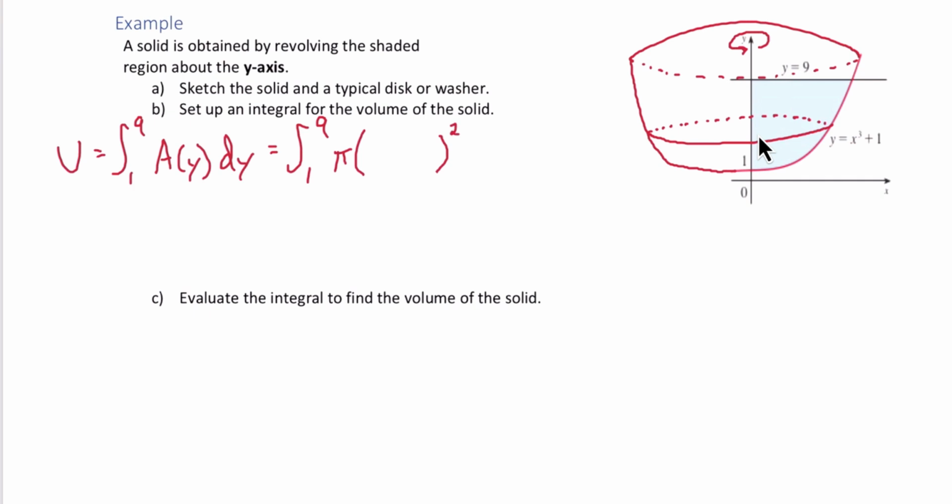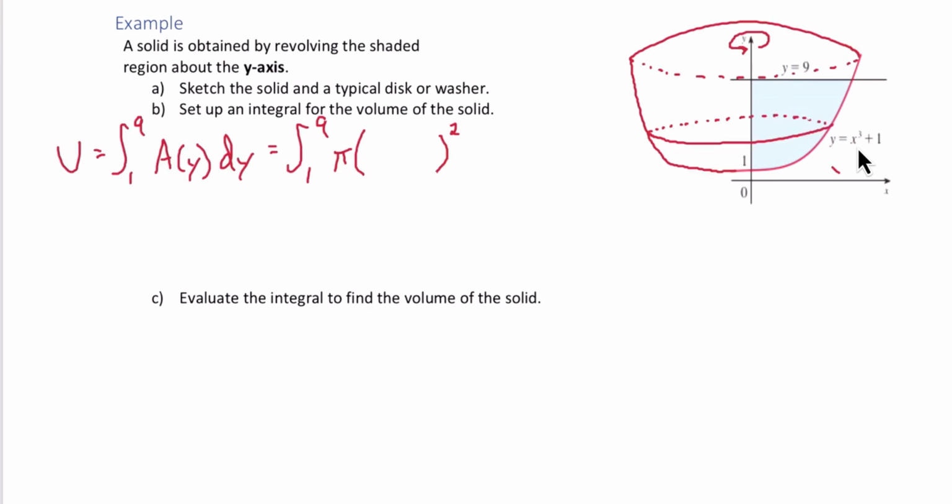And in this case, the radius is created by this curve here, y equals x cubed plus 1. But since our variable is in terms of y, we need to isolate this and solve for x, and have x in terms of y.